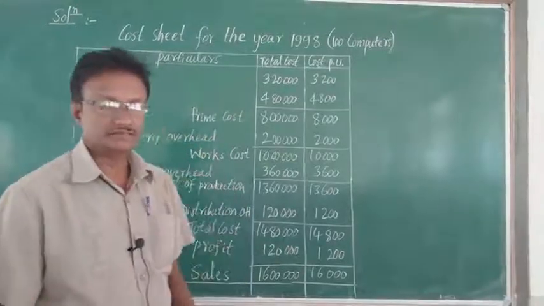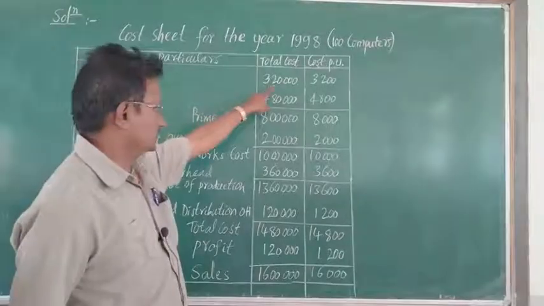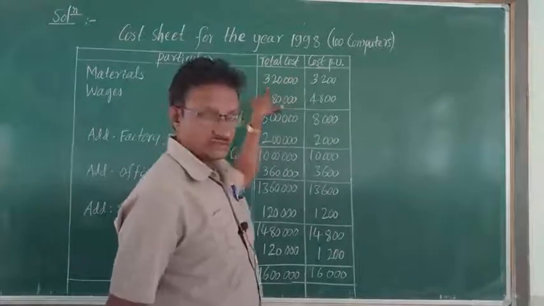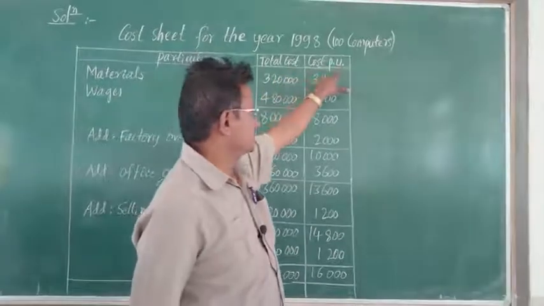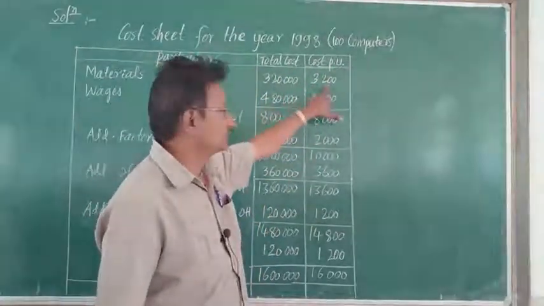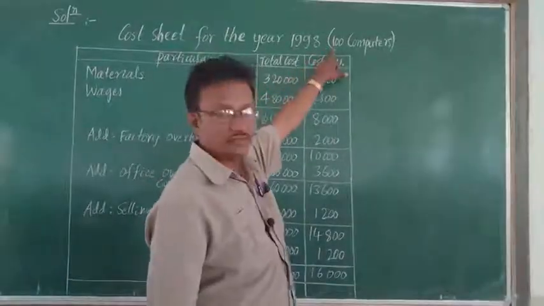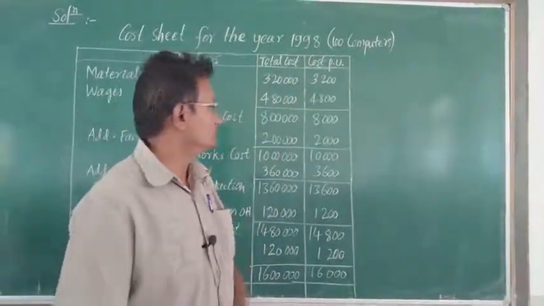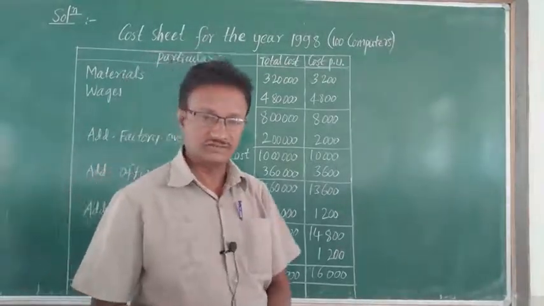From the given data, take first the materials cost, 3,20,000. For 100 computers, the total material cost is 3,20,000. Then cost per unit, that is cost per computer, is 3,200, because the total cost 3,20,000 divided by 100 computers gives 3,200.